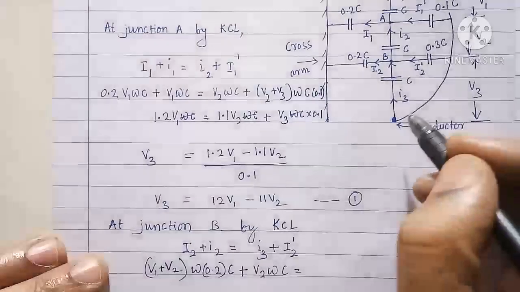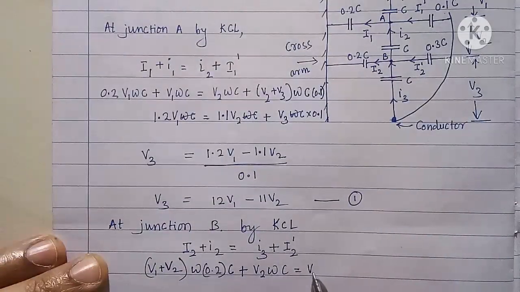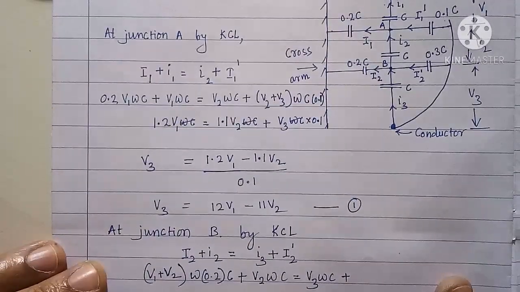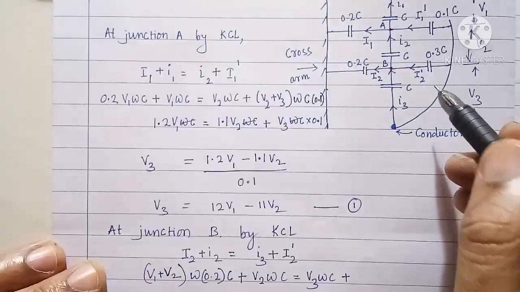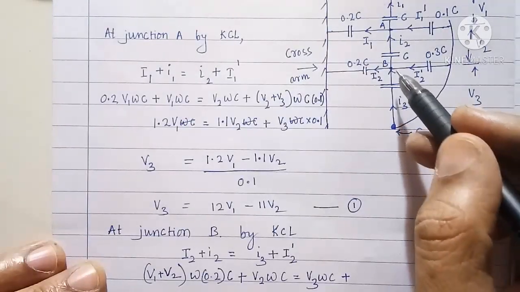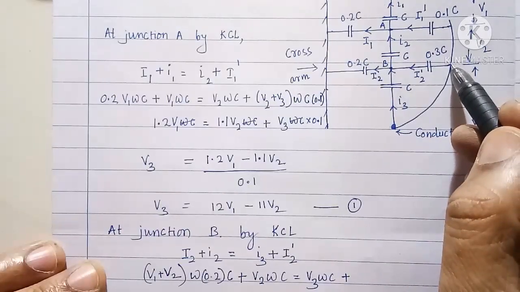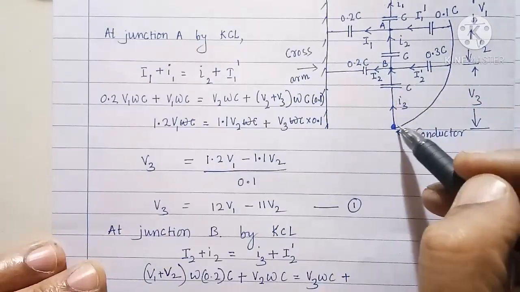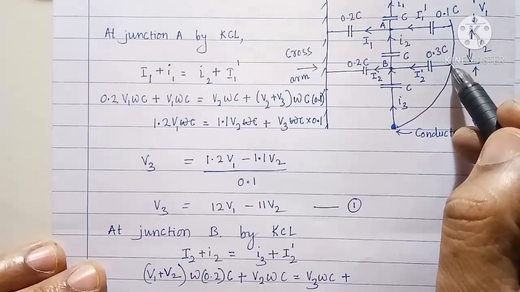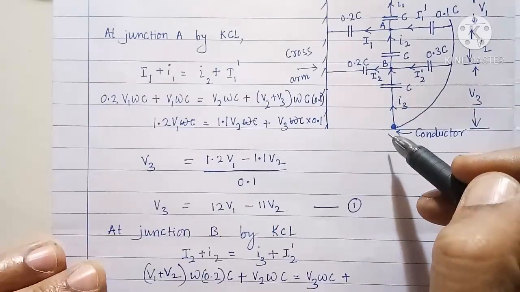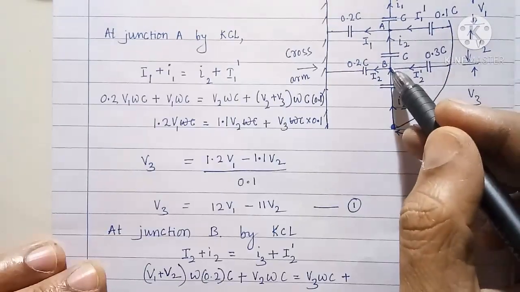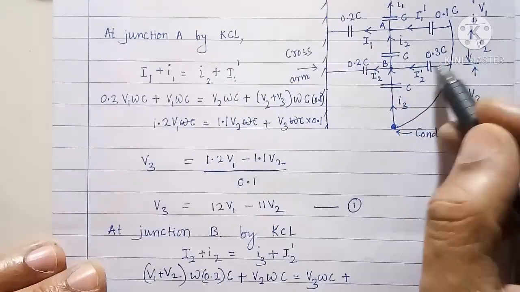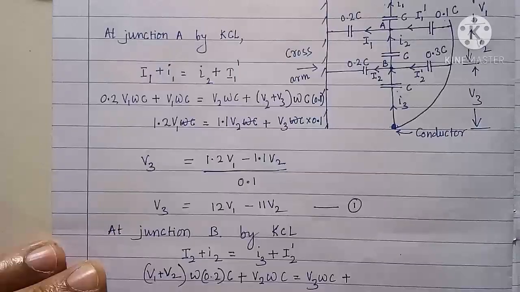I3 is V3 into omega C plus I2 dash. I2 dash is equal to voltage across 0.3 C into omega C. Since 0.3 C is connected between conductor and point B, voltage across it will be equal to V3.